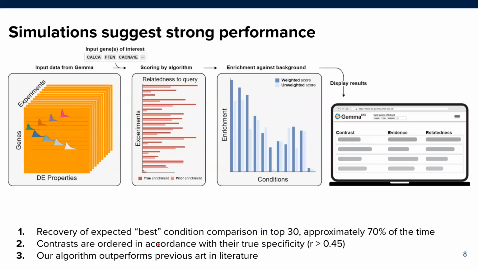We also compared our algorithm to some previous art in the literature, namely the Gene Expression Atlas's gene set enrichment algorithm, and one other called GeneChaser, which was published a few years ago. In general, we find that our algorithm outperforms the other metrics and can also perform in cases where things like GeneChaser just can't work because of assumptions they make in the binarization.